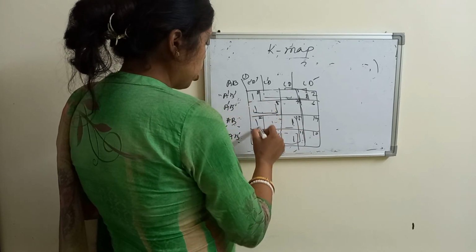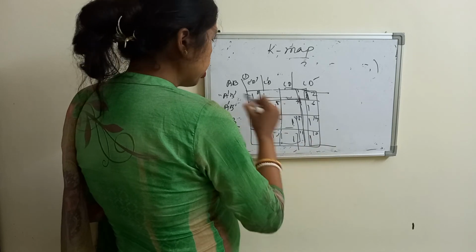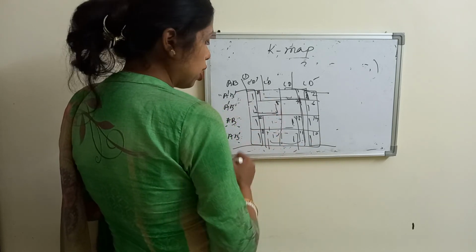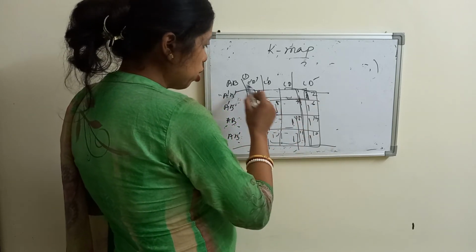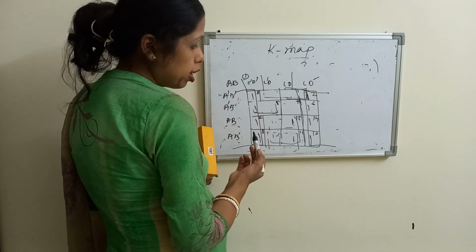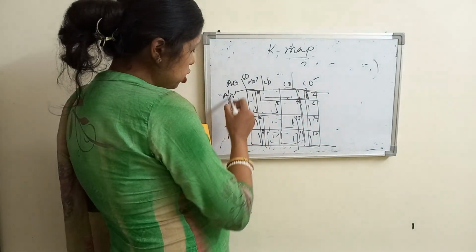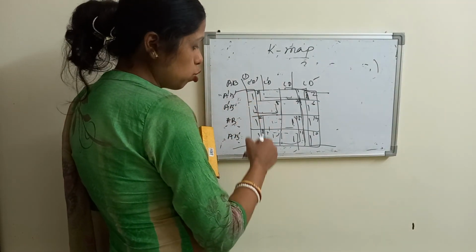Suppose you have ones like this way and like this way, you can also create an octal. From this, all the values are changing. If you want to create a function for these adjacent 8 cells, you can see these values are all changing continuously.